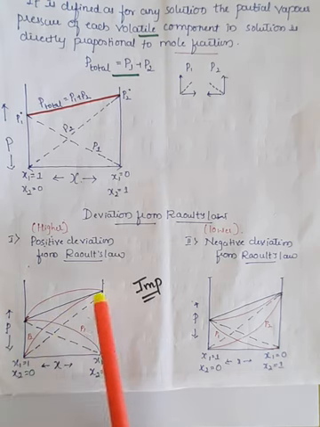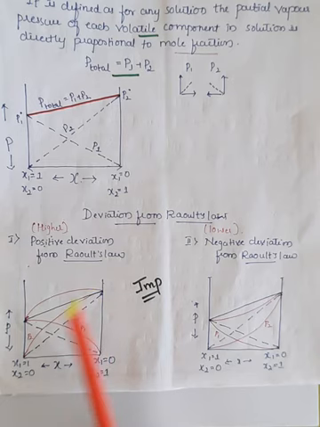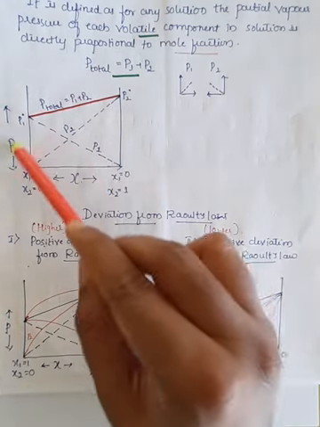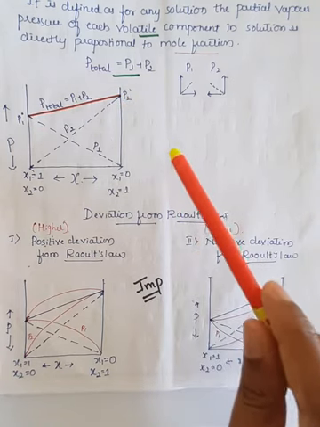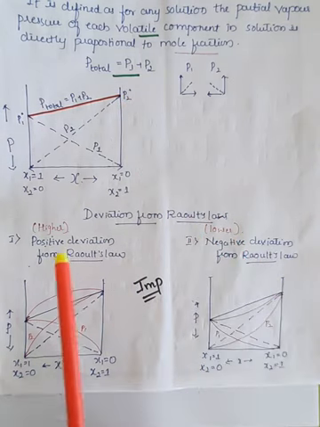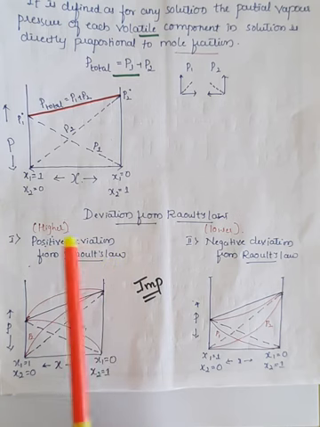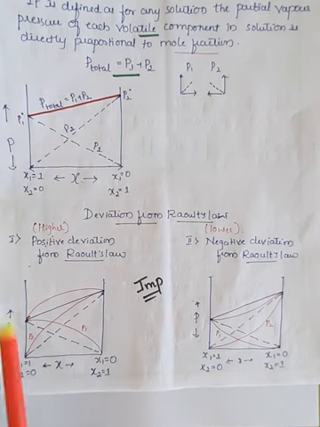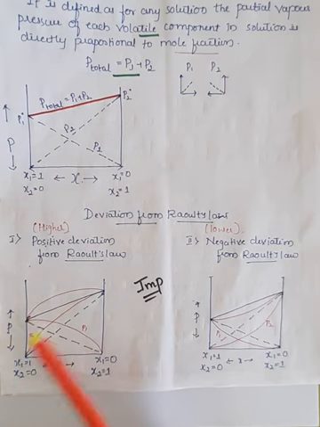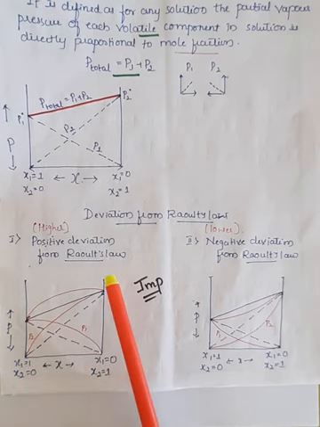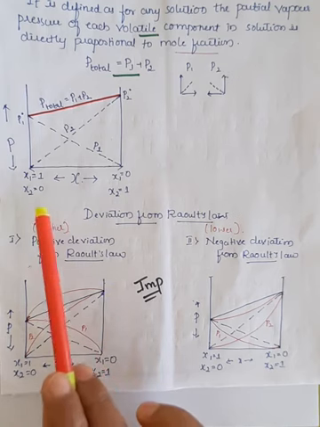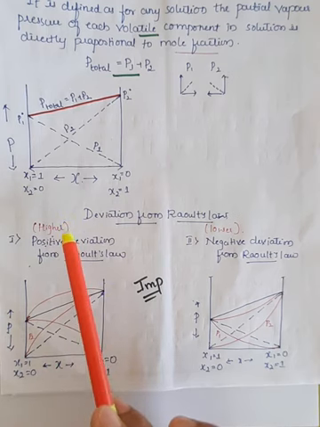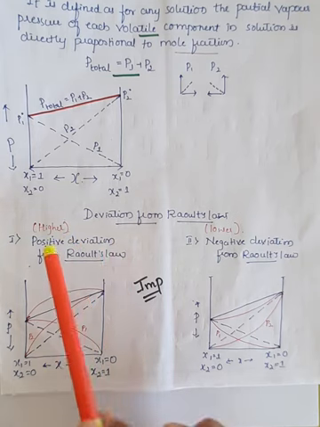Whenever you compare case 1 with Raoult's law, that is a positive deviation, or a higher value than the standard value. This graph goes above the standard value, and this upper curve represents the higher value than the normal value, which is called a positive deviation.